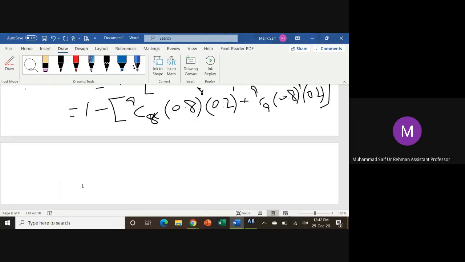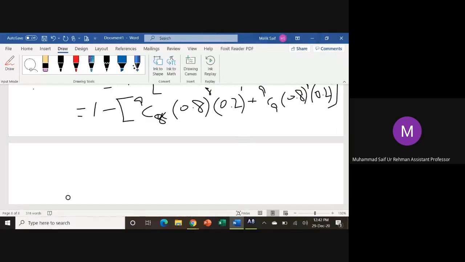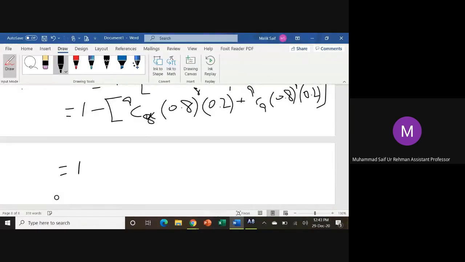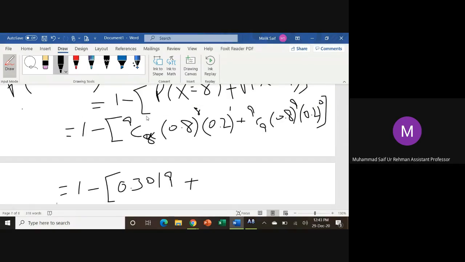Multiply by 0.8 raised to the power 8, multiply by 0.2. So you will have over here 1 minus 0.3019 plus 9C9 is 1 and 0.8 power 9, you have to calculate 0.8 power 9.